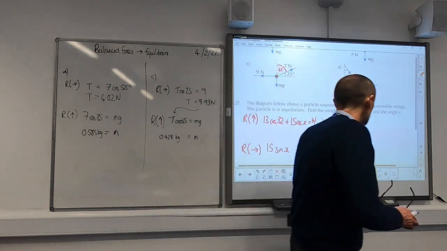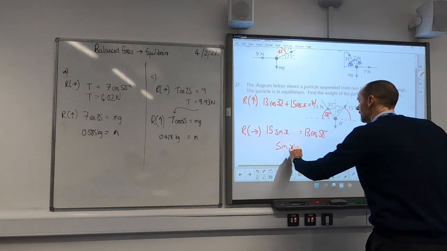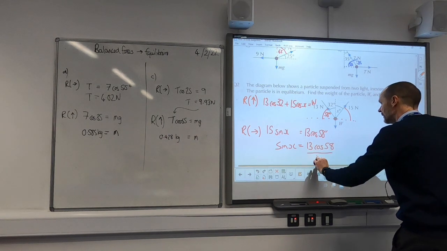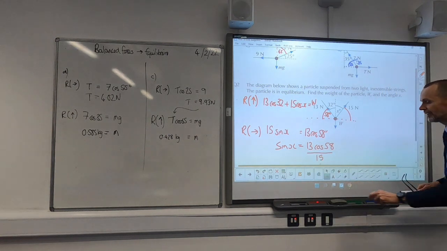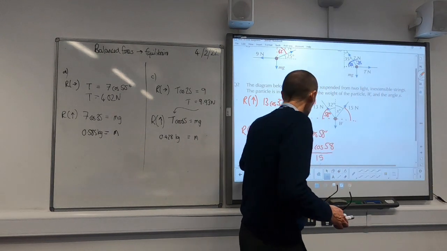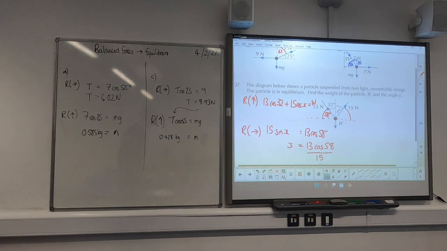So I get that sine x is 13 cos 58 over 15, and I need to shift sine that to get the angle. And the good news is that it's clearly an acute angle, so there's no issue with lots of different solutions. You just get, well, hopefully you get 27.3.